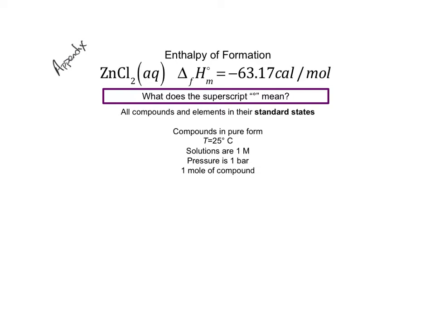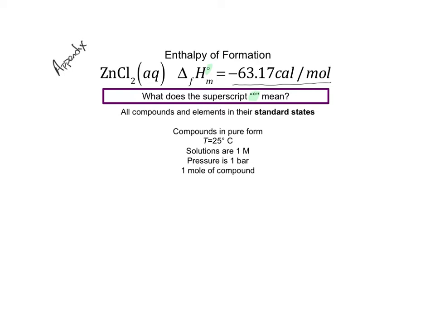And in this table, you can find zinc chloride aqueous, and you can find that the delta H of formation for this species is a negative 63.17 calories per mole. Your book is probably going to have these in kilojoules, but other tables you might find in energy units of calories.